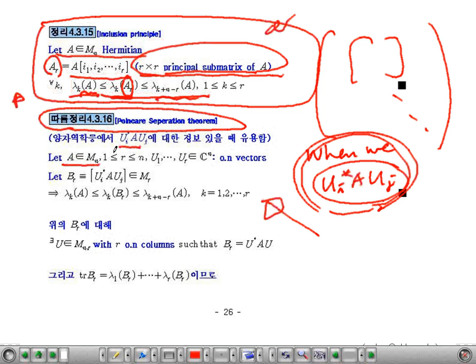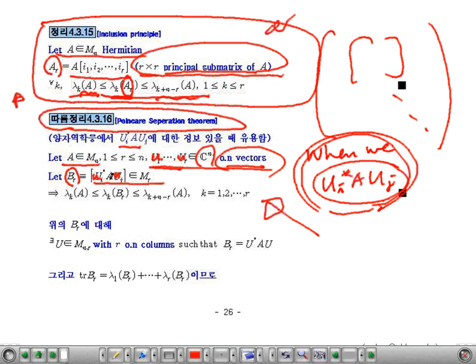Let's start with the n by n matrix A, and let's say these u_i's are also orthonormal vectors. Let's say B_R is an R by R matrix. These are the vectors, each column's entries.